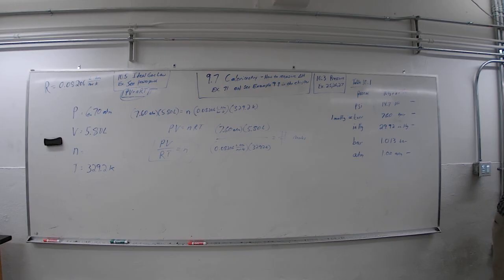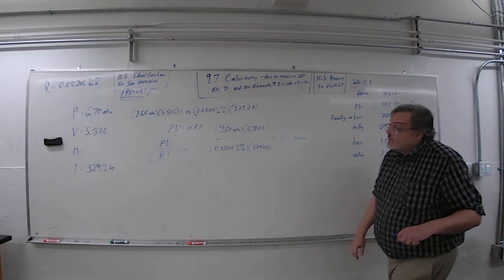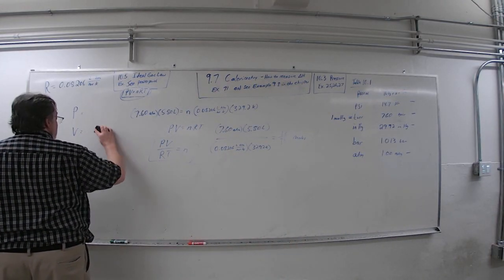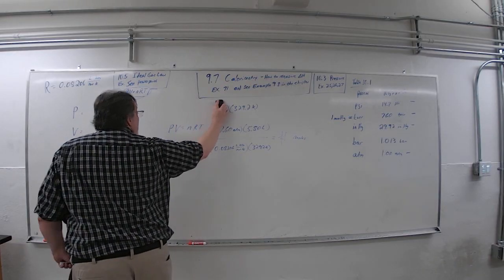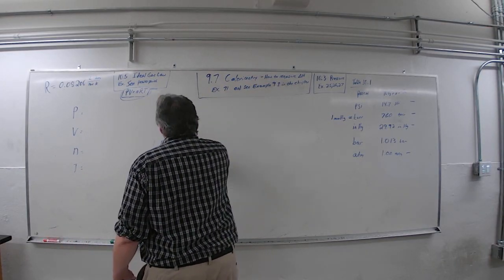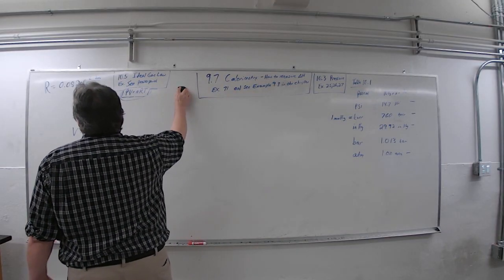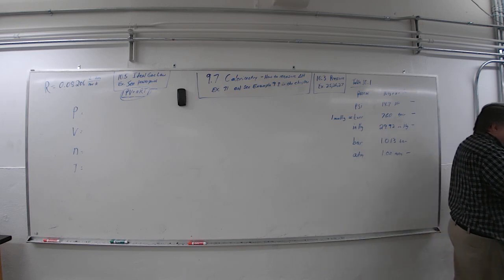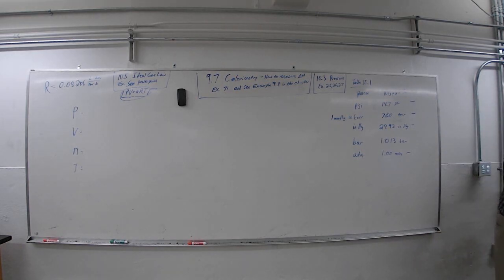2.65 grams of CO2, we're assuming that's an ideal gas. You're given 2.65 grams.